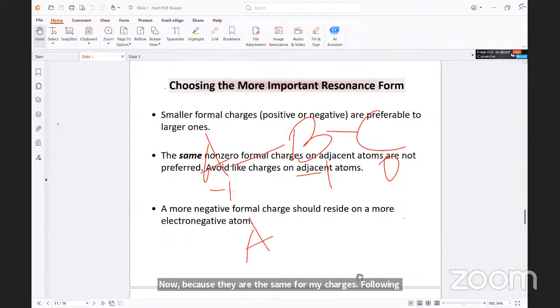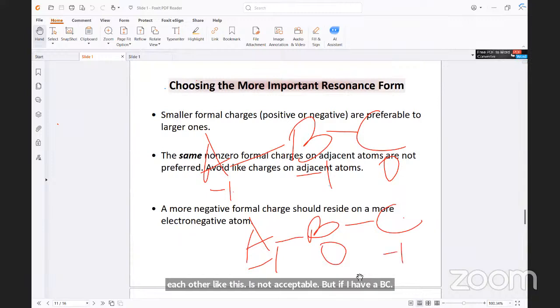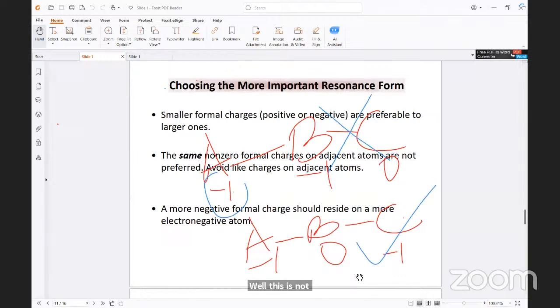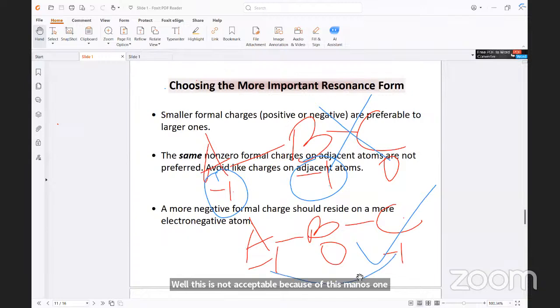But if I have A, B, C, and I have -1, 0, -1, this is acceptable. But the other is not acceptable because of this -1, -1 adjacent to each other, instead of them being far away from each other like I have here.